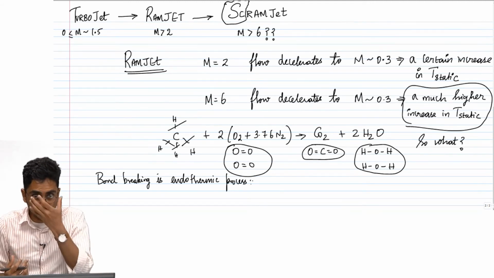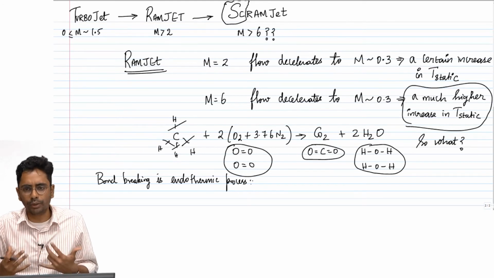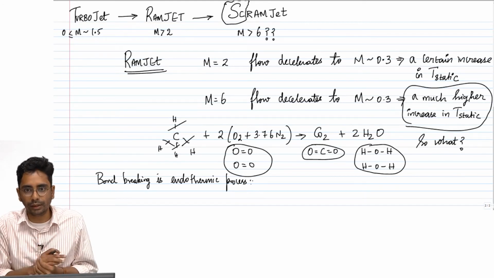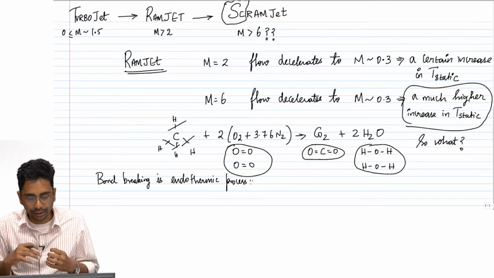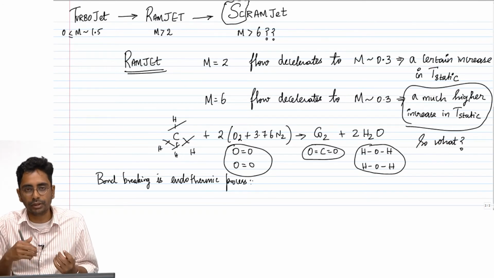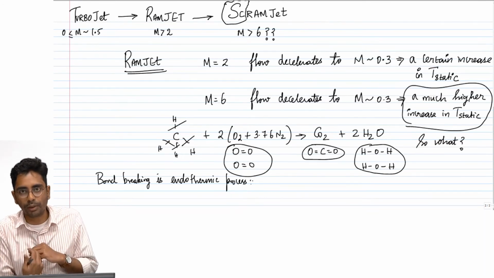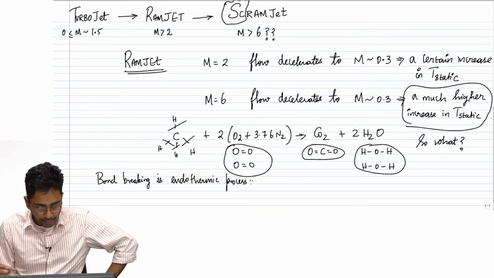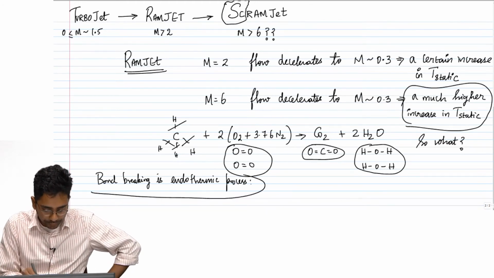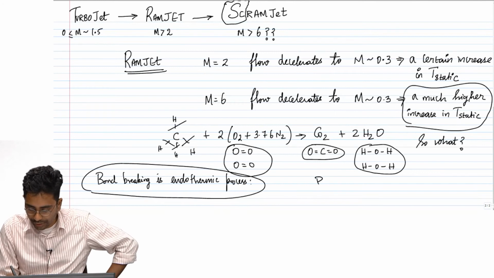You heat methane, a mixture of methane and oxygen or air, to high temperatures. You have to provide an ignition, and in the process of the flame propagation the bonds break and new bonds form. Bond breaking is an endothermic process, bond formation is an exothermic process.